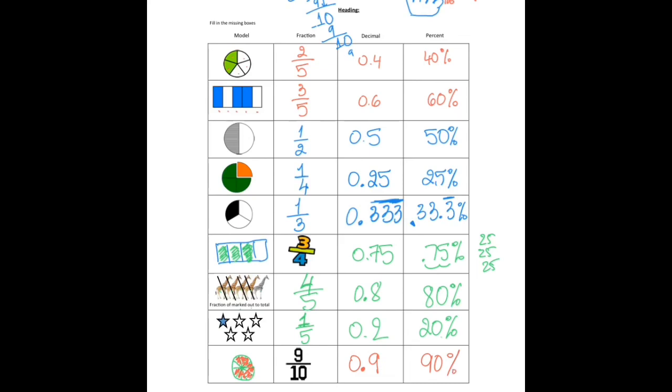Again, from decimal to percent, you move the decimal 2 places to the right. So you put in a 0, so that's why it becomes 90%. Or think about it: if you have 9 out of 10, you make 90 out of 100, which is the same thing as 90%.